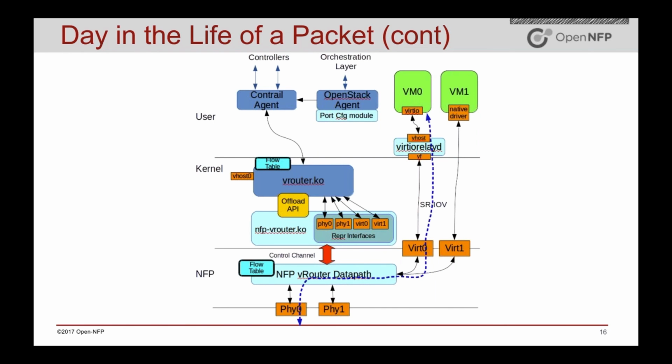It matches this flow, and according to its routing, it's going out this interface, whether that's onto the underlay network with encapsulation, or to the virtual machine. Basically, all the rest of the traffic going through the system completely bypasses the vRouter kernel module, and we handle it in the NFP.